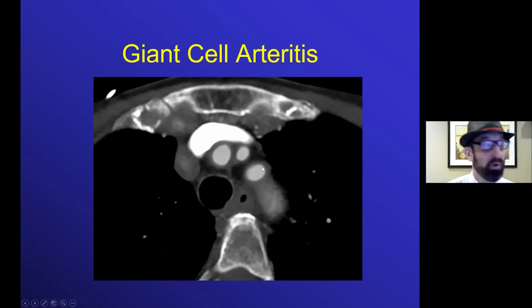And this is more than what one would expect for as far as diffuse involvement. As far as atherosclerosis, of course, we would look at the age of the patient, and this would be uncommon in a younger patient to see this amount of wall thickness of all of the vessels taking off from the aorta.